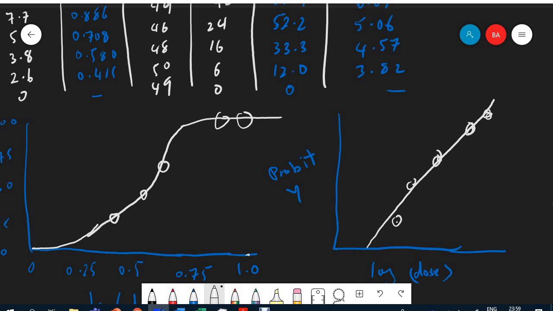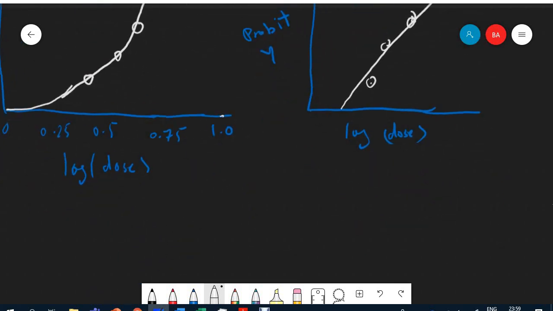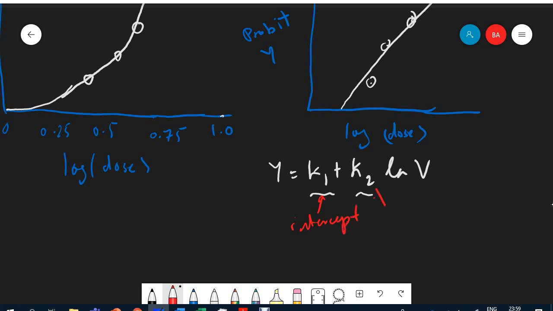But what I'm trying to mention here is that the equation was y is equal to k1 plus k2 ln v, the dose, or the causative effect. And k1 is the intercept, and k2 is the slope.